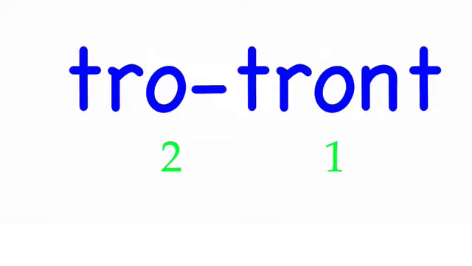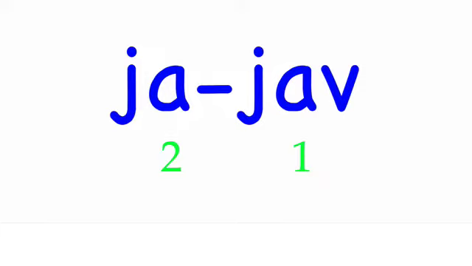Row 2. J, jav. J, 2 sounds, J, a. Jav, 3 sounds, J, a, v. J, jav.